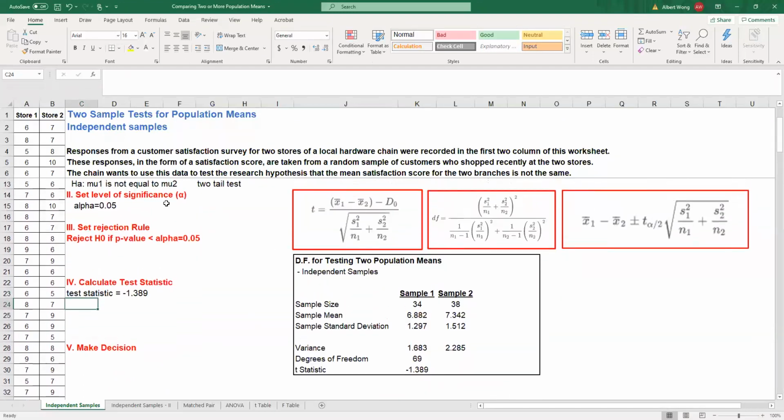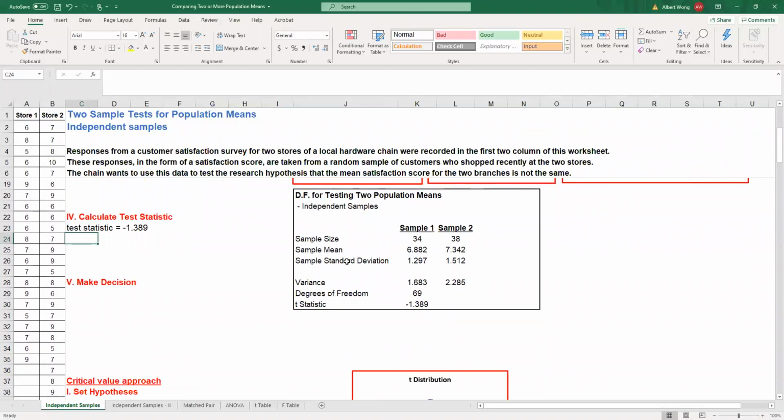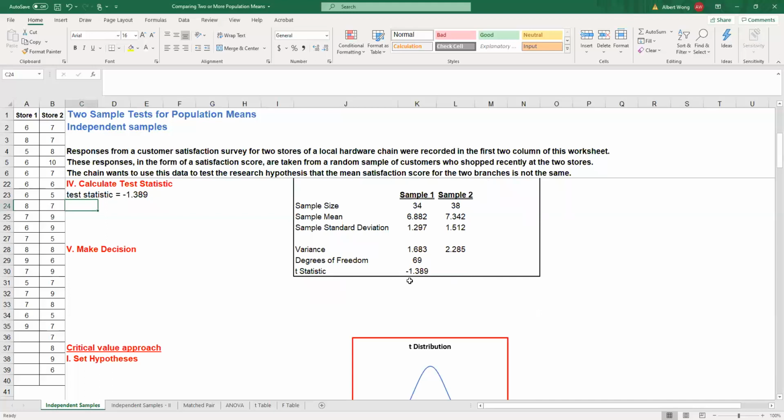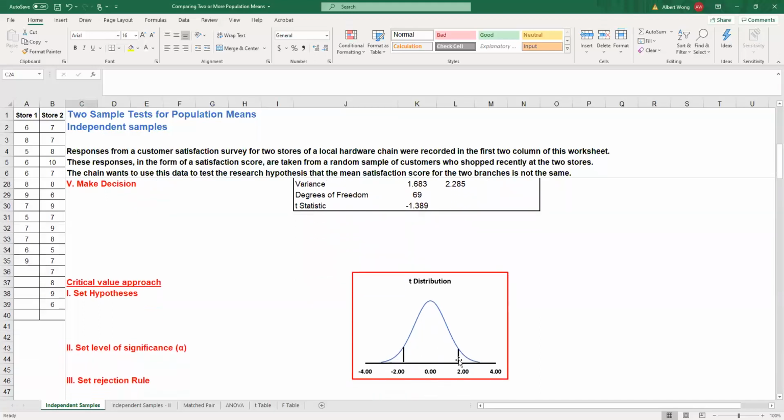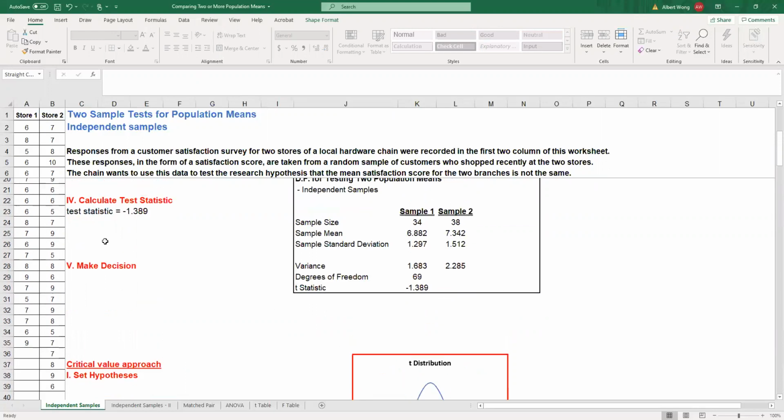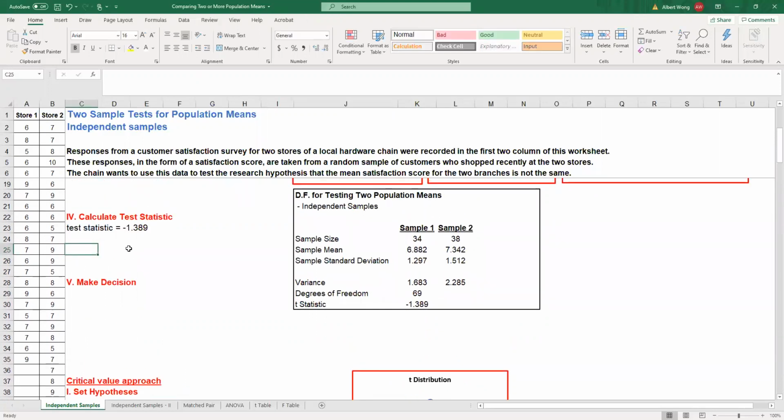In this case, because this is a two-tail test, we would take the small tail area and multiply by 2. Again, we're going to look at negative 1.389. So this is negative 1.389. We will calculate the area and we multiply by 2. So how do we do that? Well, in Excel, we can actually do just this, right?